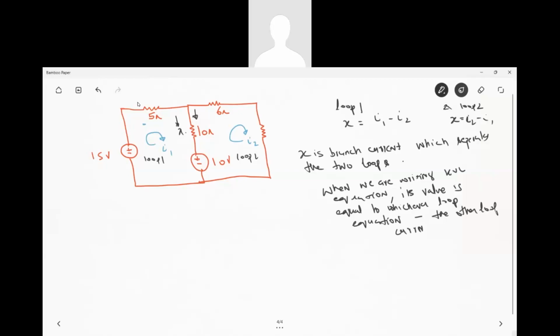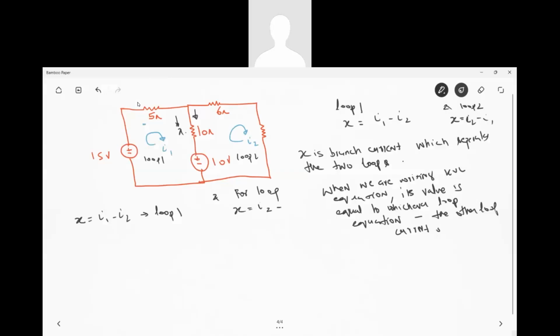So if you are writing for loop 1, the value of X would be I1 minus I2. And for loop 2, what would be the value of X? I2 minus I1. Very good. You understood now? Now you understood 100%, right?